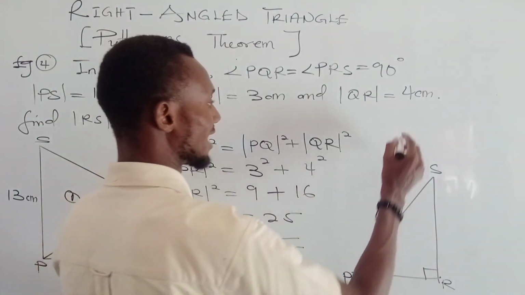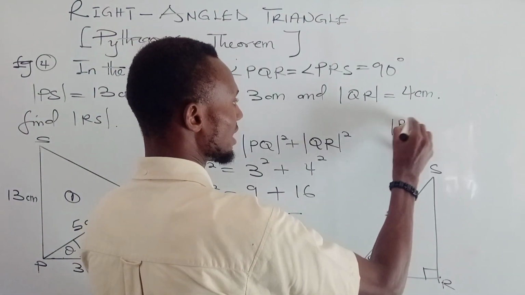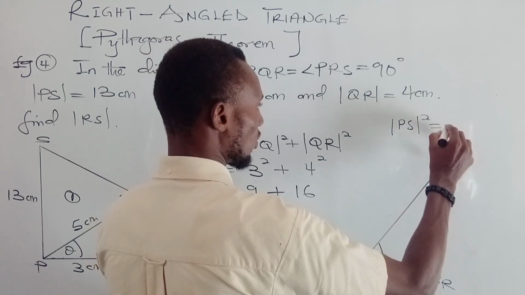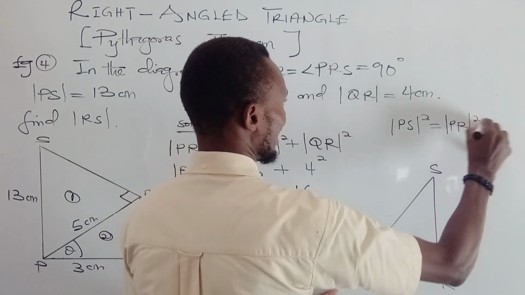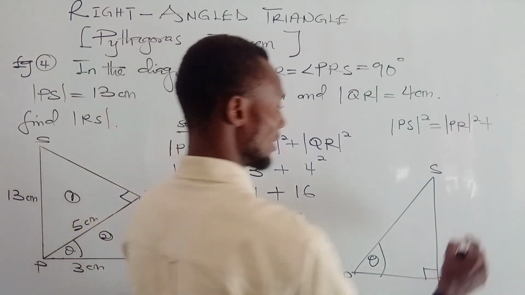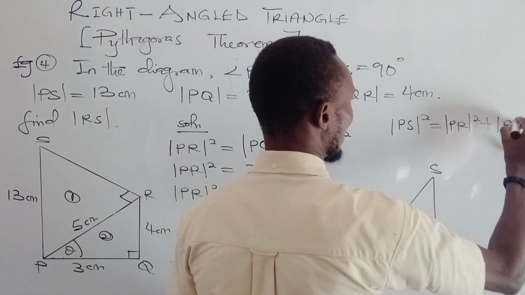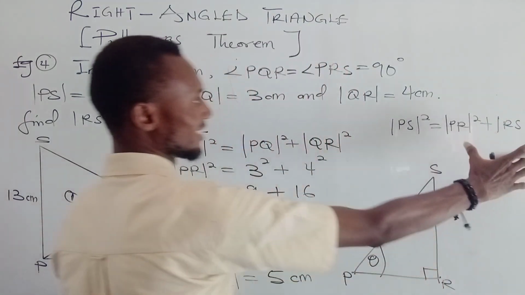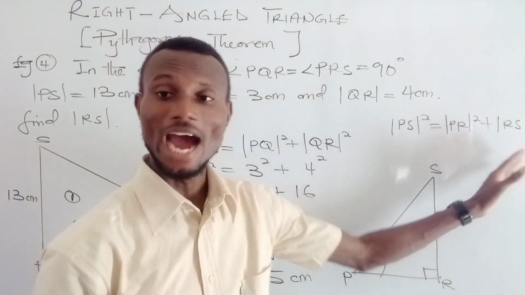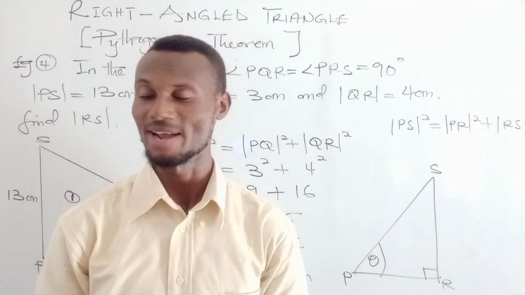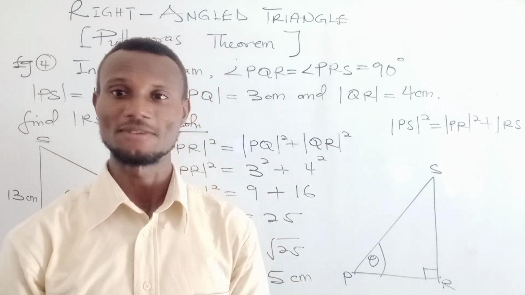So we are going to have that line PS squared will be equal to line PR squared plus line RS squared. This is the formula that we are going to use to find RS. I hope the explanation is clear enough up to this point.